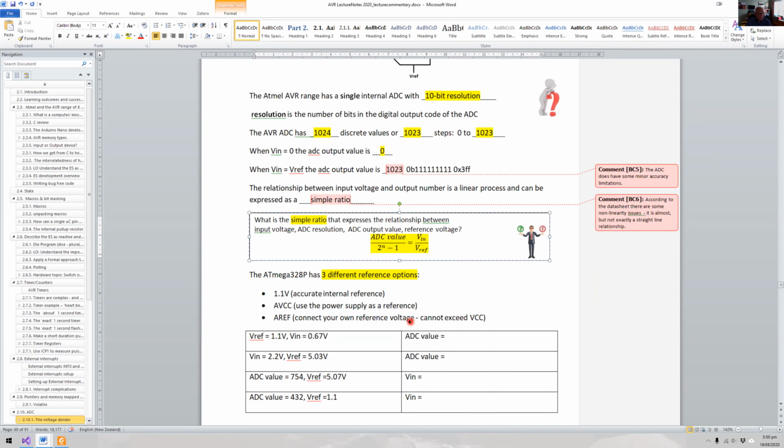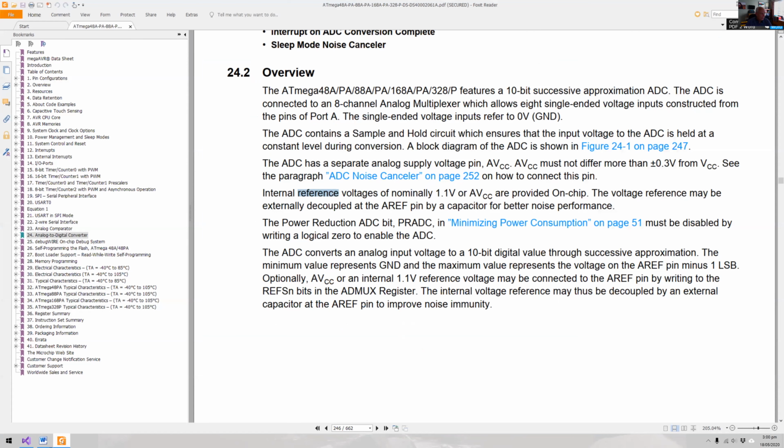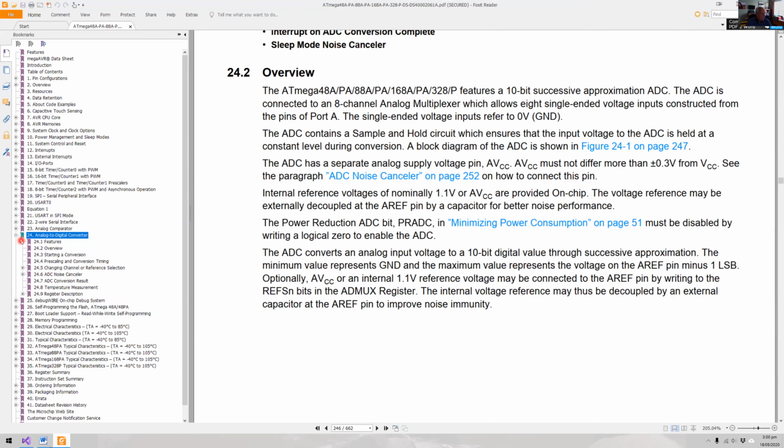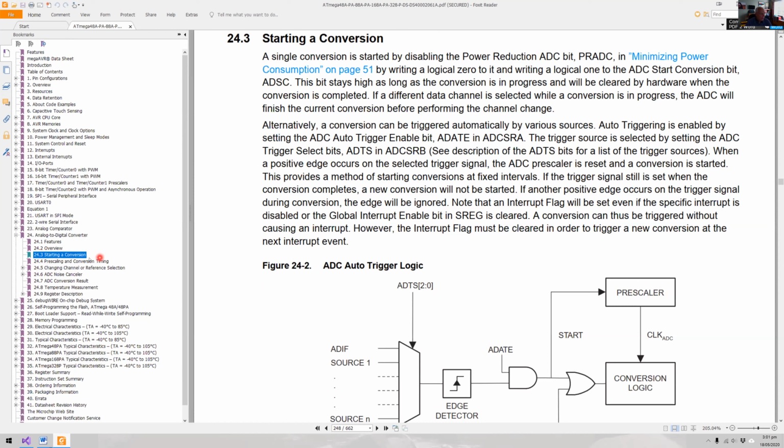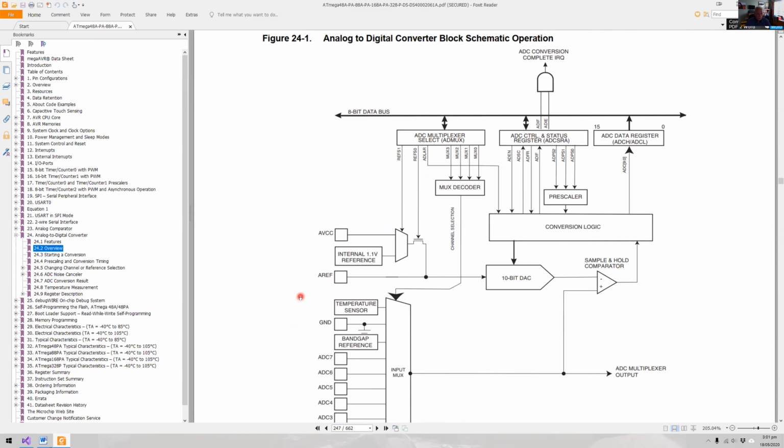In the ADC we have 3 different reference voltage options. We can jump back into the data sheet, and I'm going to look for my little diagram describing how this thing works. Oh, here it is.